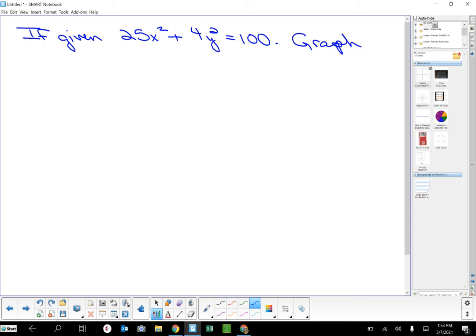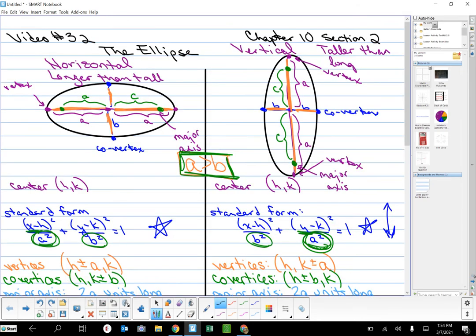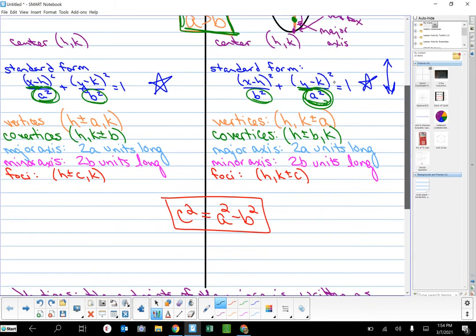Okay, well, first, the big deal with these equations, if we go back to our originals, is that these things have to always be equal to 1. No matter what the orientation is, they have to be equal to 1.